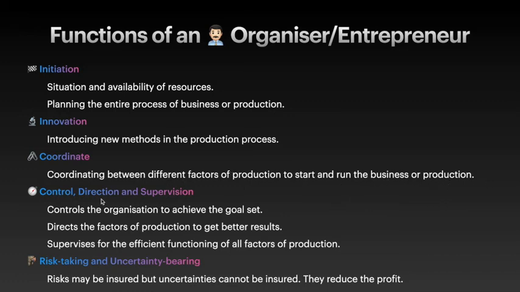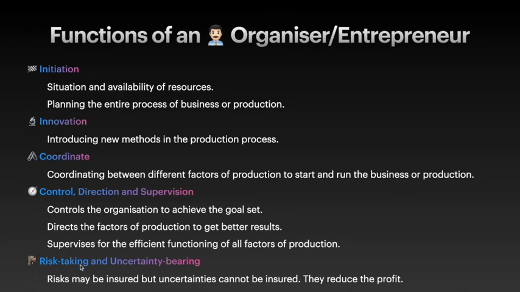The fourth one is control, direction and supervision. The organizer has to control the organization to achieve the goal as set by him. He needs to direct the factors of production to get better results, and he supervises for the efficient functioning of all factors of production.